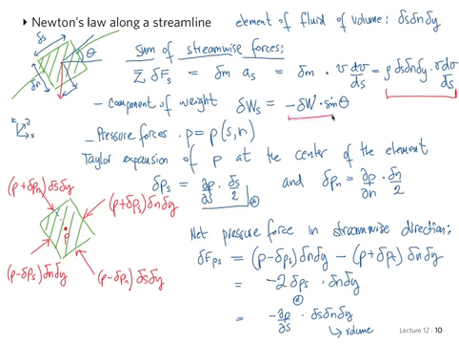This is the component of the weight, and this is the pressure force. And these three are the ones that need to be balanced out, right? Sum of forces equals mass times acceleration is what we're going to do now. Okay? Everybody ready for that? Okay, good.